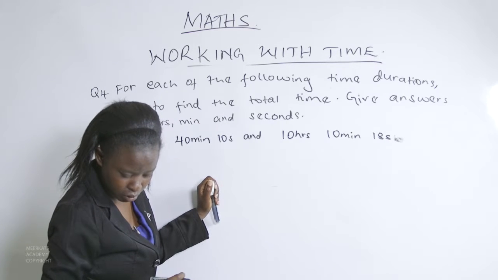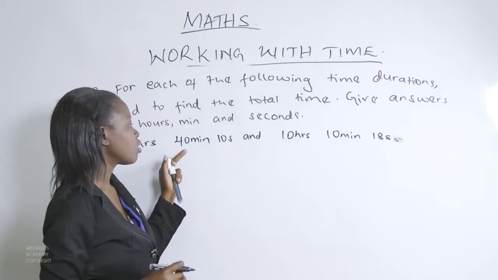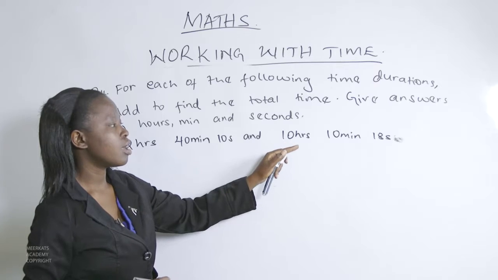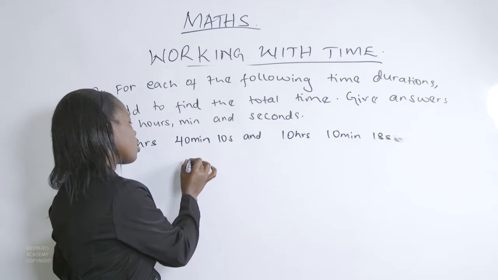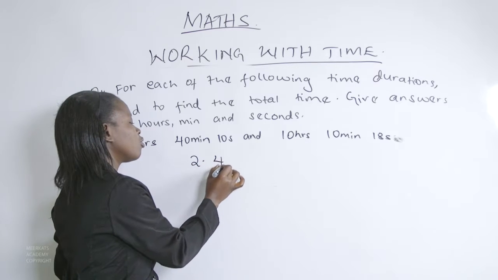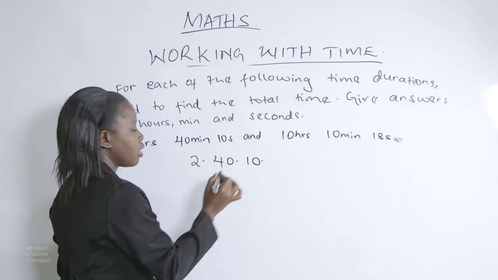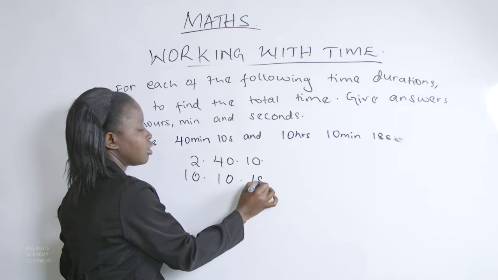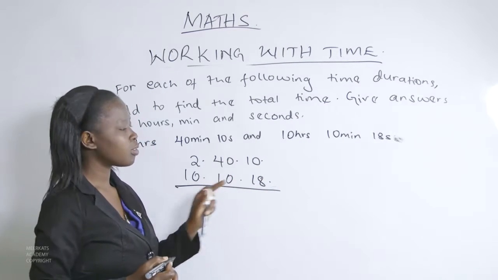So we need to get the total time between 2 hours, 40 minutes and 10 seconds and 10 hours, 10 minutes and 18 seconds. When we add, we start from the seconds.